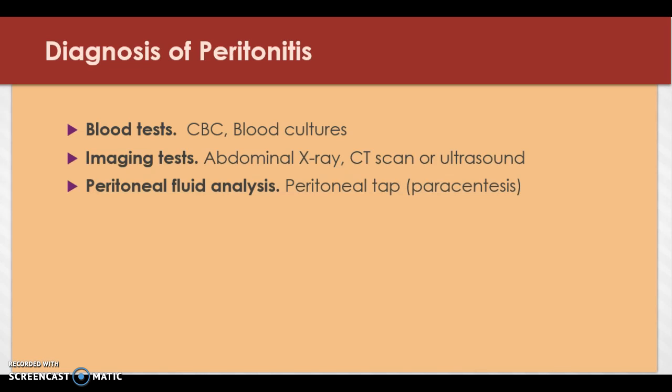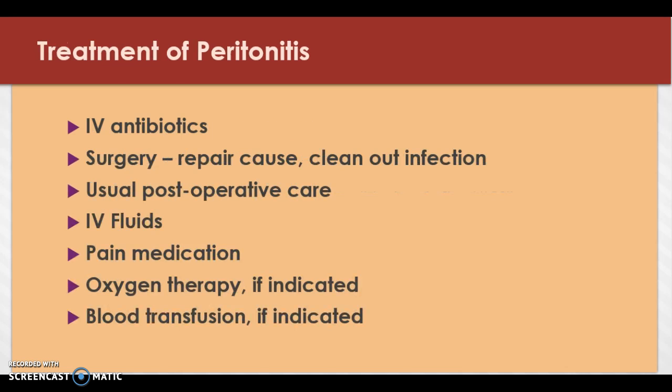They will often want to get blood cultures to see if you've become septic in your bloodstream. And then imaging tests, typical things you would see for the abdomen. They may actually draw some fluid off of the abdomen and do what's called a peritoneal tap or a paracentesis, and then send that fluid down for analysis in terms of infection and types of cells.